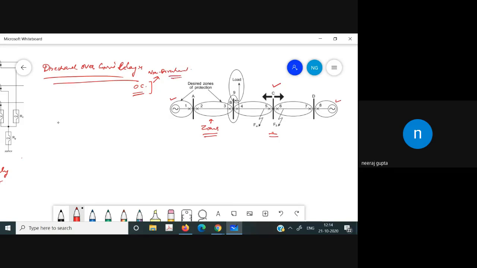It means that it will not sense the direction, it will take into consideration the magnitude only. Now let us suppose that we have the fault FA in this line.